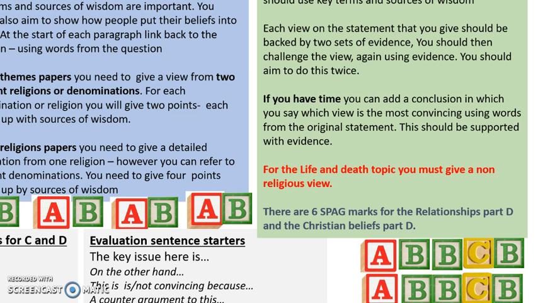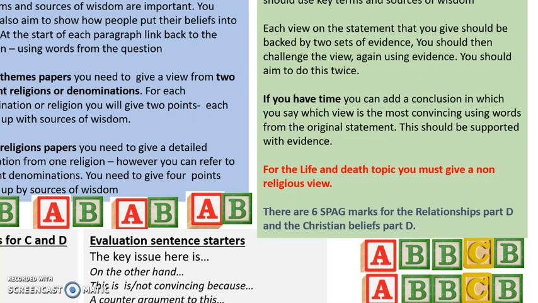If you have time, you can add a conclusion. However, often the main purpose of your conclusion is to return to the statement and show that you're answering the question. If you run out of time, because you're not adding new subject knowledge, it's better to move on to the next set of questions than add that conclusion.